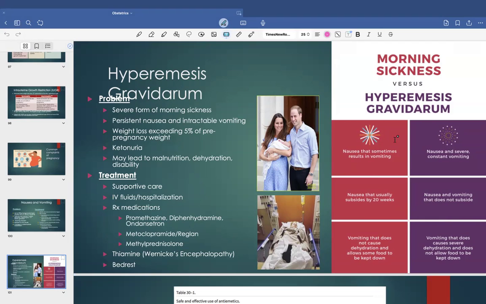Severe symptoms may lead to malnutrition, dehydration, and disability. Symptoms can negatively impact their daily functioning. It can cause anxiety and depression, make people not want to have any other children ever. Again, you never want to be pregnant again.